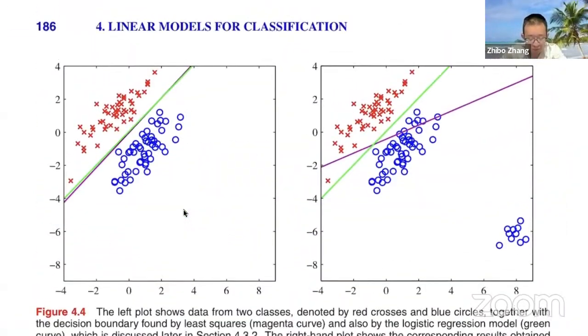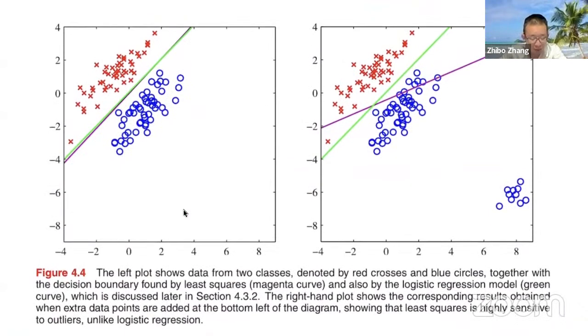So if we look at this example here, the left plot shows data from two classes, denoted by red crosses and blue circles, together with the decision boundary found by least squares, the magenta curve, and also by the logistic regression model, which is the green curve. Logistic regression is something that we'll introduce.